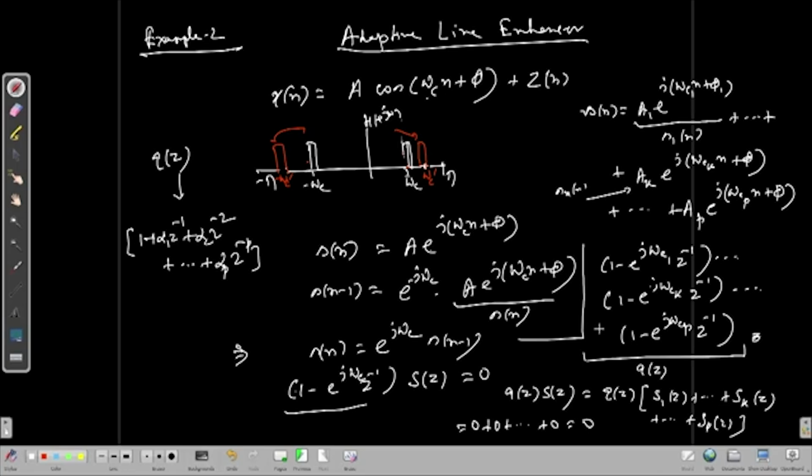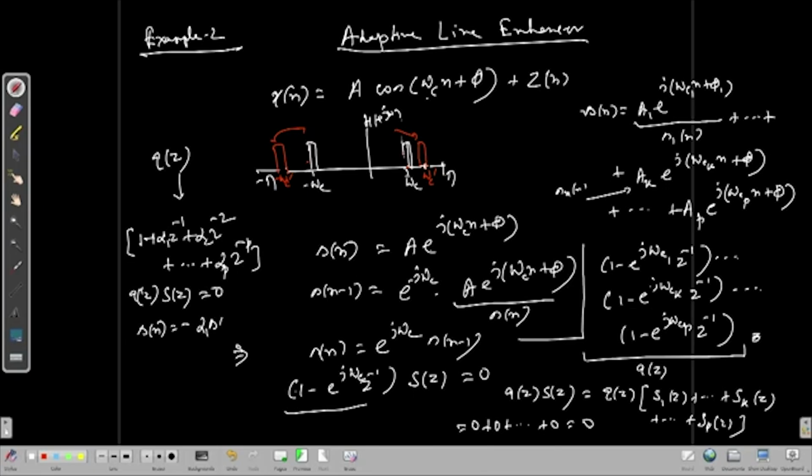So, Qz into Sz equal to 0. That means, in time domain it will mean what? Sn, with Sz into 1, Sz, if you keep that on one side, Sn, and bring the others to the other side. So, minus alpha 1 z inverse Sz, S is the summation of all.